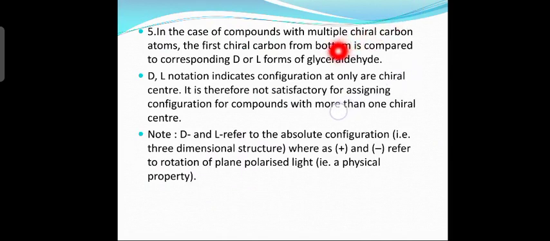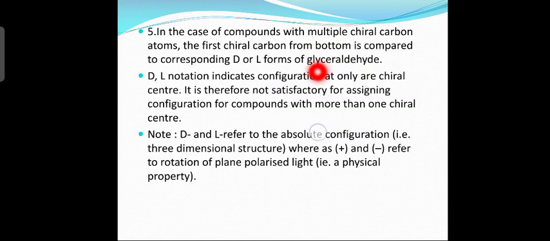In the case of compounds with multiple chiral carbon atoms, meaning more than one chiral carbon atom. What do you mean by chiral carbon atom? A carbon atom linked to 4 different groups or 4 different atoms, that is called a chiral carbon atom. The first chiral carbon atom from the bottom is compared to the corresponding D and L forms of glyceraldehyde. In glyceraldehyde there are only 3 carbon atoms, therefore no problem.